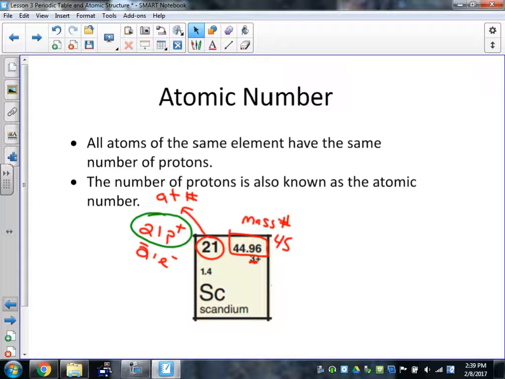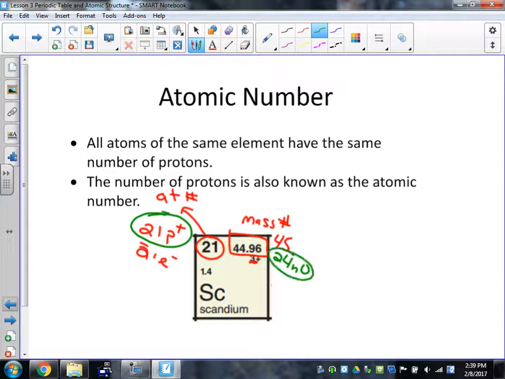And this was the issue they came up with. They said, if this is 21, how many more neutrons do I have to add to make the entire weight 45? And the answer, of course, is 24. So I would need 24 neutrons for this one, because 24 and 21 added together make 45.